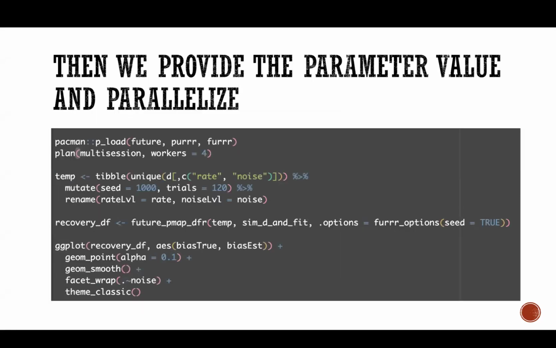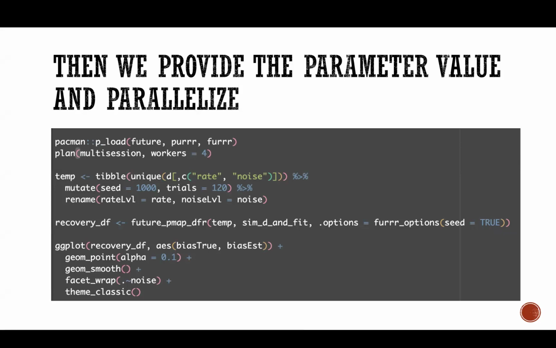We load our parallelization machine. We create a data set that has the different parameter values that we want to simulate. In this case, it's the simplest possible case. So it has a bunch of underlying bias rates and a bunch of noise levels, right? And then we fit it.